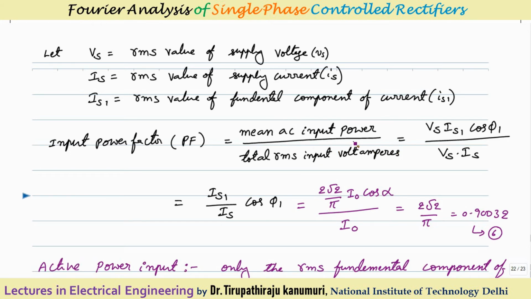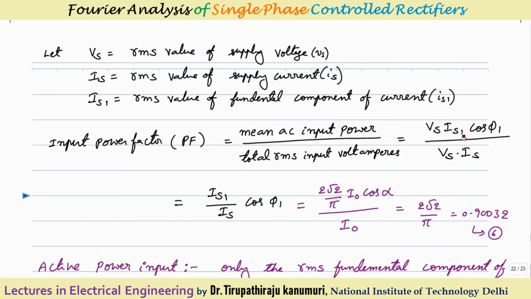So that will be equal to Vs. My input voltage is always sinusoidal, because it is supplied from a sinusoidal source, so only the fundamental component of voltage will be there, whereas current has harmonic components. So I will take the fundamental component of source voltage multiplied by the fundamental component of the source current multiplied by cos phi 1, that is the displacement factor, which is the angle between the fundamental voltage and fundamental current.